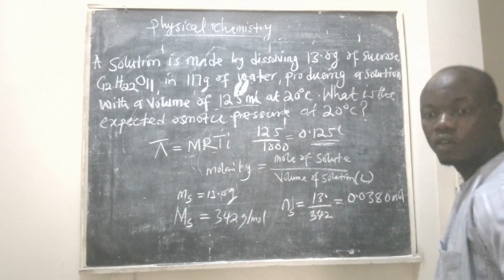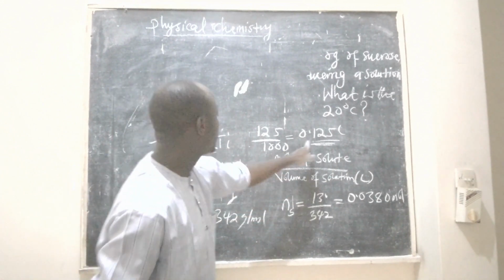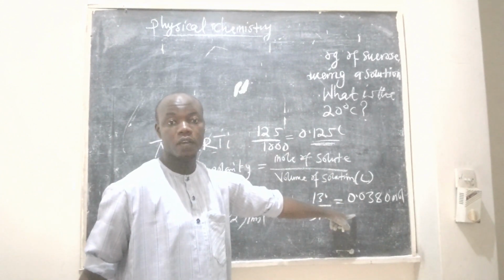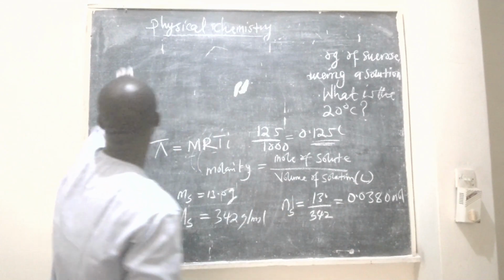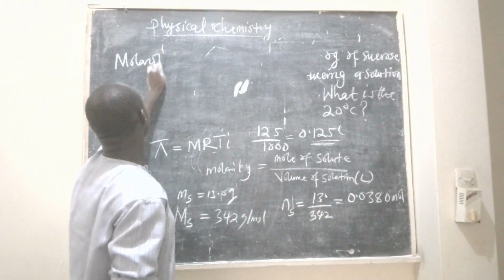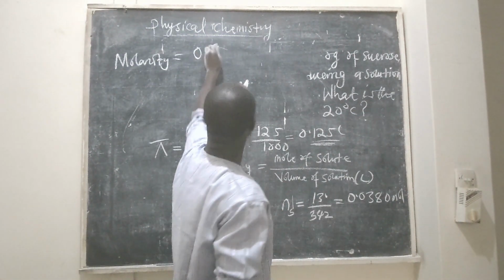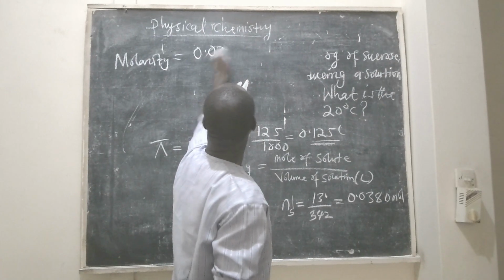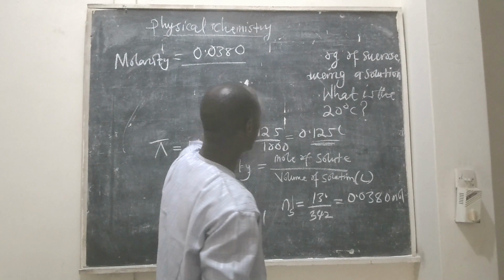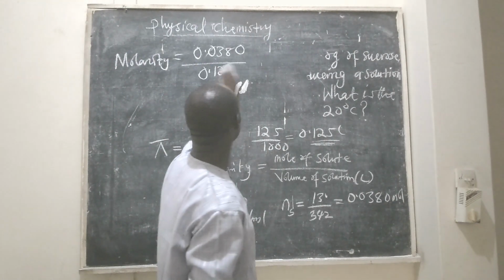So now we have our volume in liters and we have our moles. So what we are going to do now is say molarity. Molarity is equal to 0.0380 divided by 0.125.